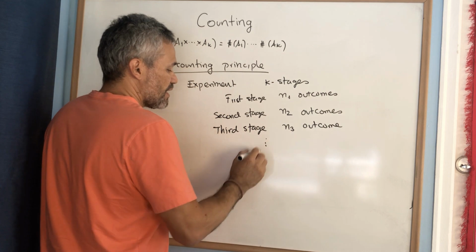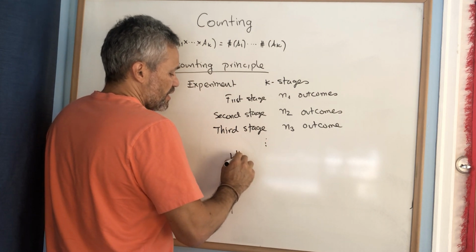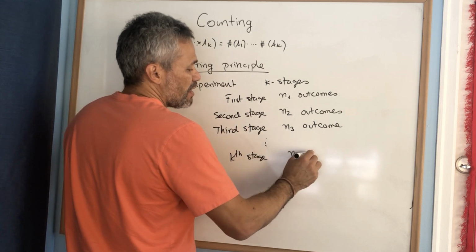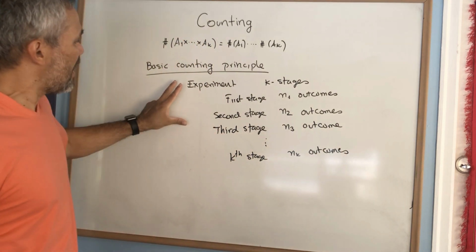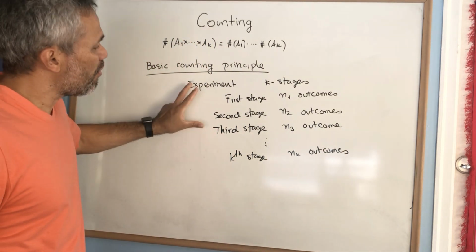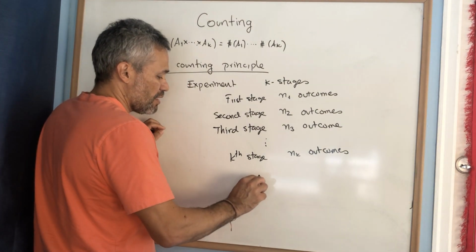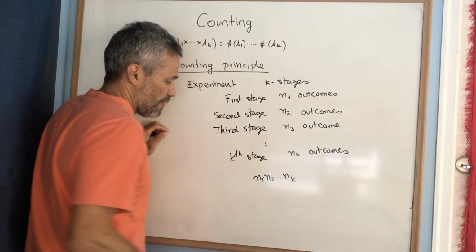And if we continue like that until the Kth stage, we have NK outcomes. Then the number of possible outcomes in this experiment is going to be N1 times N2 times ... NK.